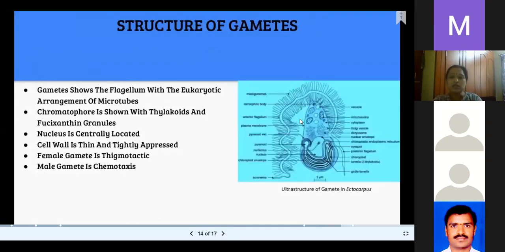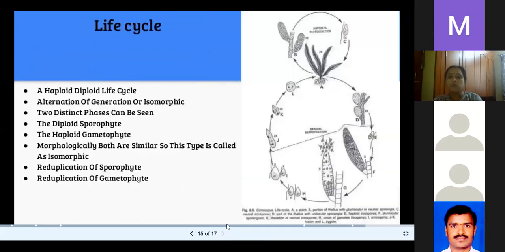Gametes are produced. These gametes show flagella with eyespot aggregations present. Here the nucleus is centrally located, the cell wall is very thin, and the female gamete is in a settled position. The male gamete is in chemotactic position. In this Ectocarpus, you can observe a diploid life cycle, alternation of generations, an isomorphic life cycle.